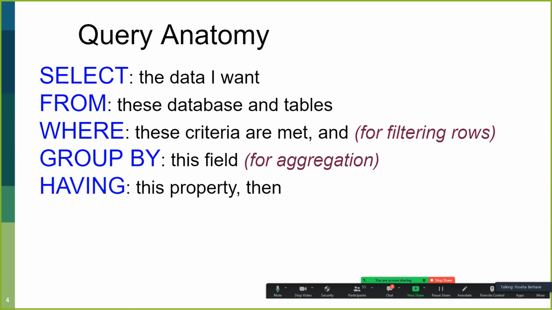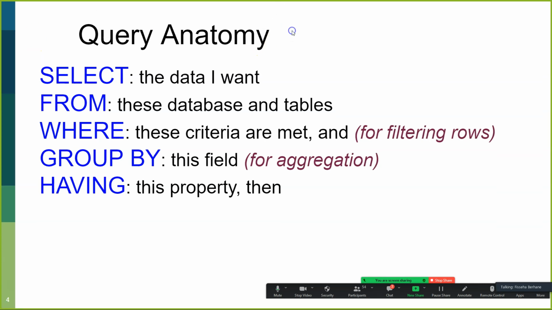Another one is HAVING. HAVING is used once we aggregate the data. For example, you may ask which months have an average daily temperature greater than 60, or which months have a daily average temperature less than 30, and so on.